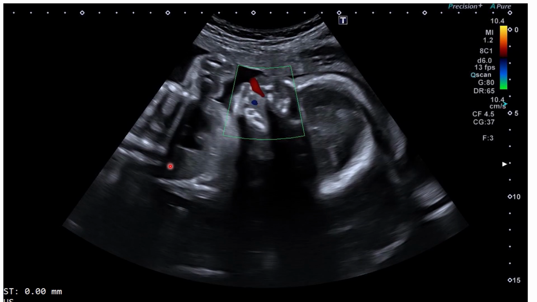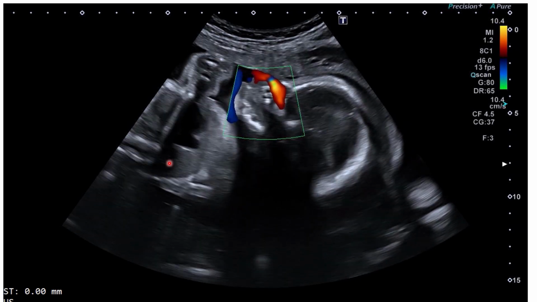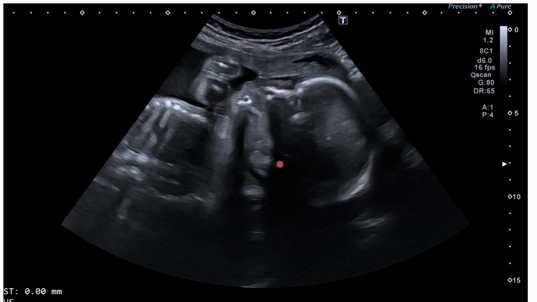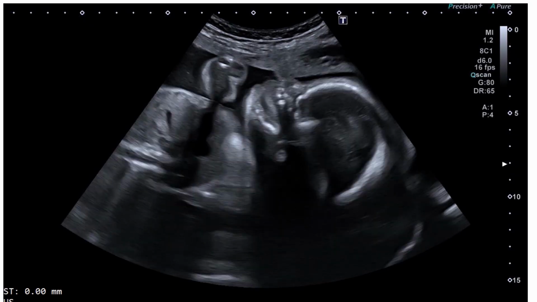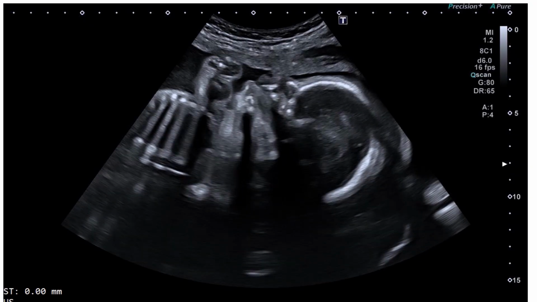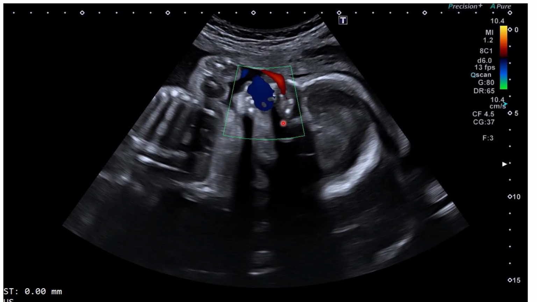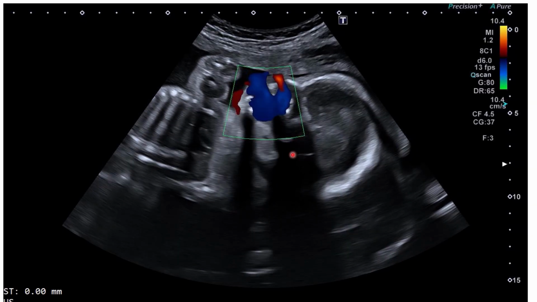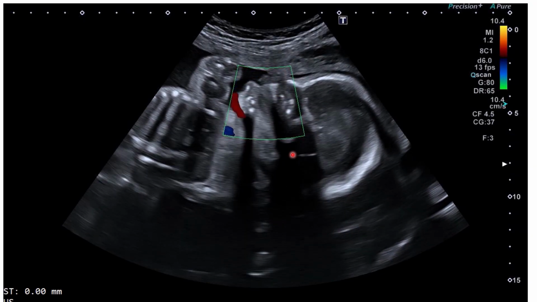What you can only see on the chest is the heart motion there, but it's not easy to see the chest movement. So there you can see the baby swallowing, and then you can see the fetal respiration there.